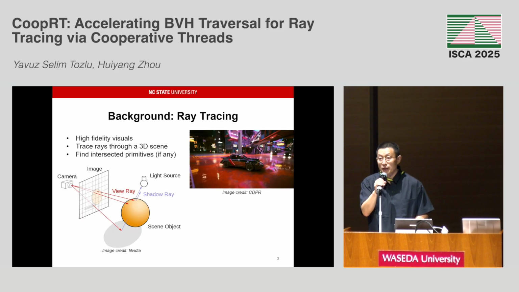As we probably heard from the first talk, ray tracing is a technique to generate high fidelity visuals. The way it works is that, imagine we have a camera, and then we have the view plane. The idea is to figure out the color of each pixel in the view plane.